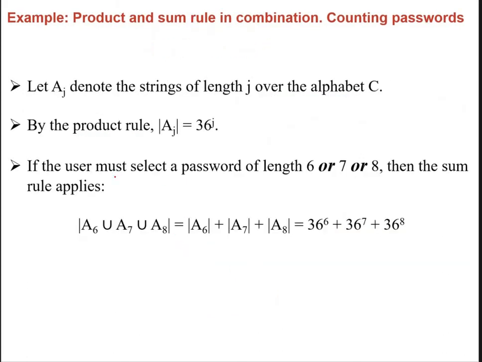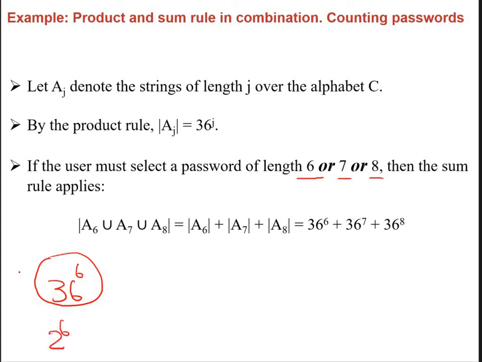So what does it mean that it can be of length 6 or 7 or 8? What do you mean by length 6? It's 36 to the 6. Again, when you have 2 digits and you want a string of length 6, you would do 2 to the 6.